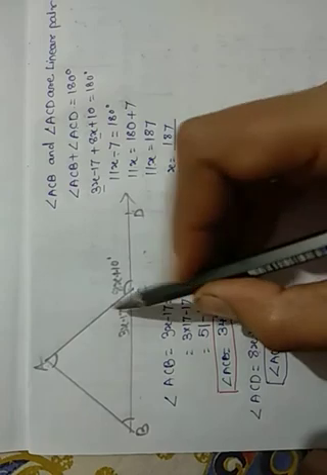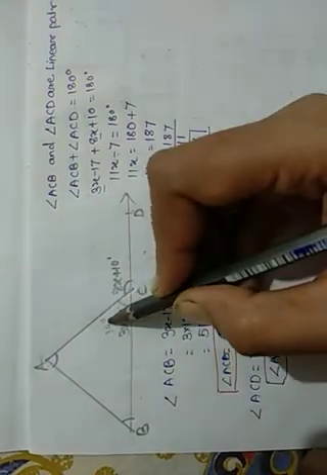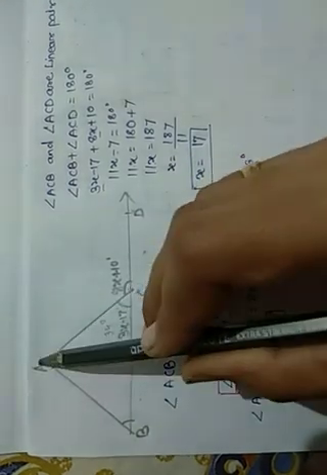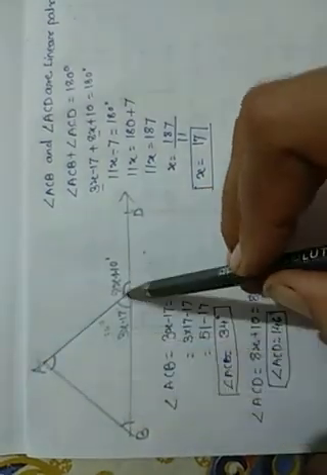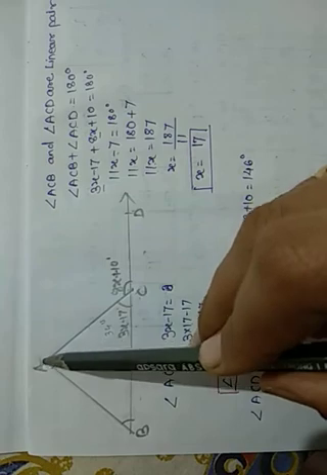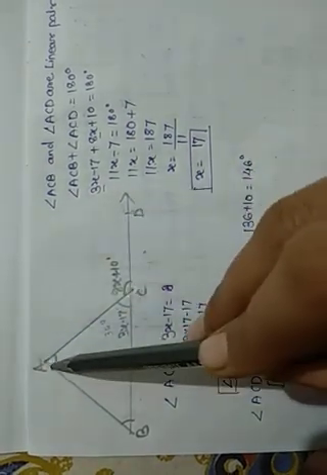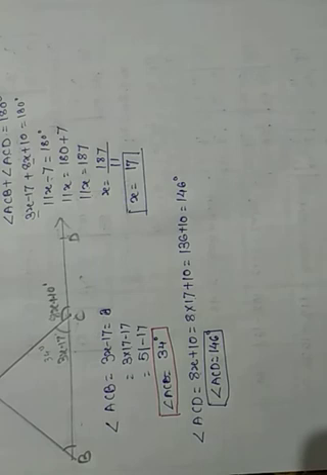Now here find out angle A and B. Here we know the angle C is 34 degrees. So you can use here the interior angle sum of triangle is 180 degrees. Otherwise, use the property of exterior angle of triangle, that is angle ACD is equal to angle A plus angle B. Use any. Here we use the sum of interior angles of triangle property.